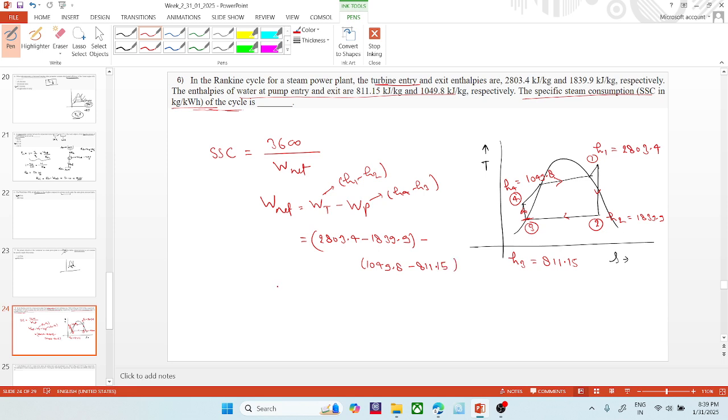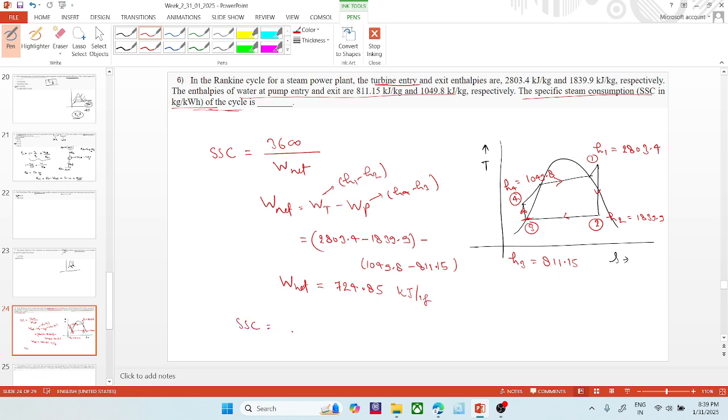I have determined these things. So W net would be 724.85 kilojoule per kg.